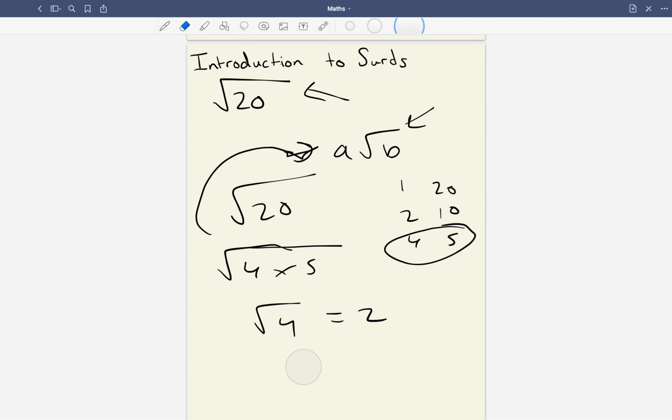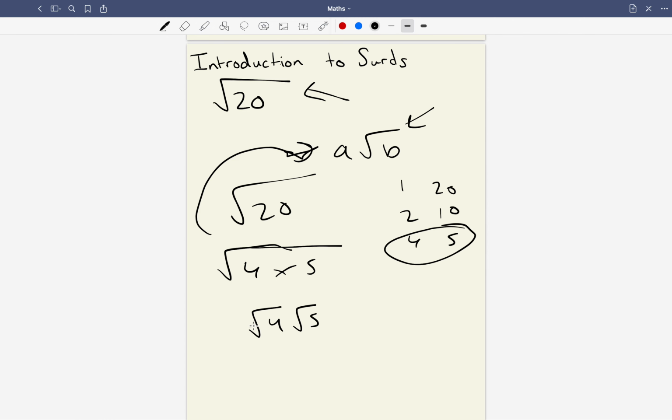So applying it to this, we can write out this surd a little bit differently. If you think back to your algebra and you've got a times b, another way you can write that is just ab, because it means they're still being multiplied together, right? So another way you can write this surd is root 4 root 5. Still being multiplied together, you're just writing them separately.